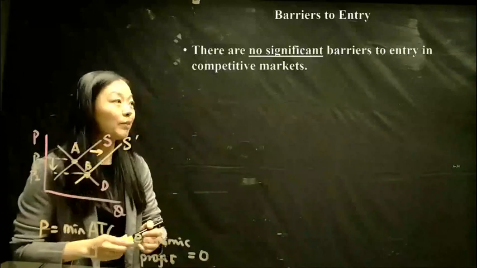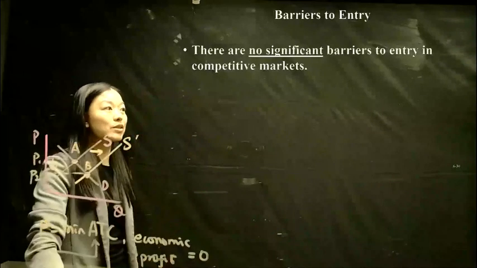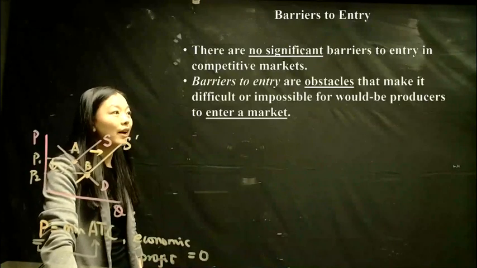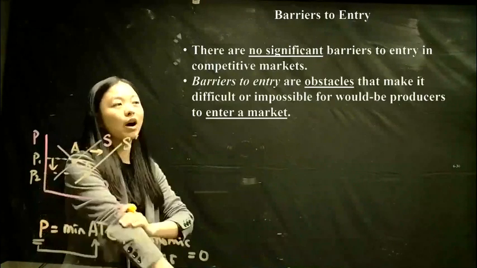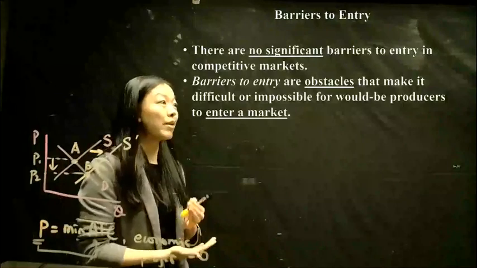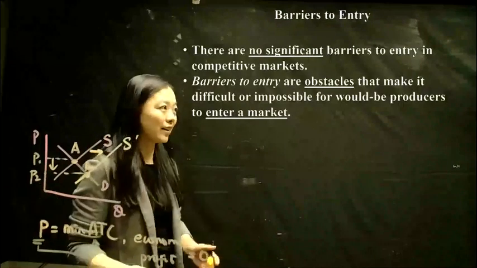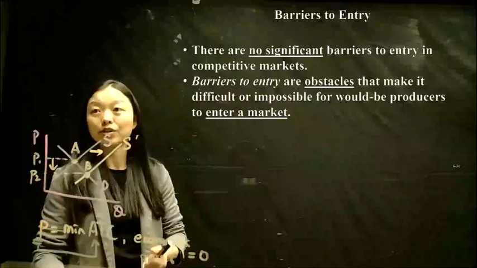Okay, so we talk about in a perfectly competitive market, there are no significant barriers to entry. Barriers to entry are some obstacles that make it difficult or impossible for the likely producers to enter a market.